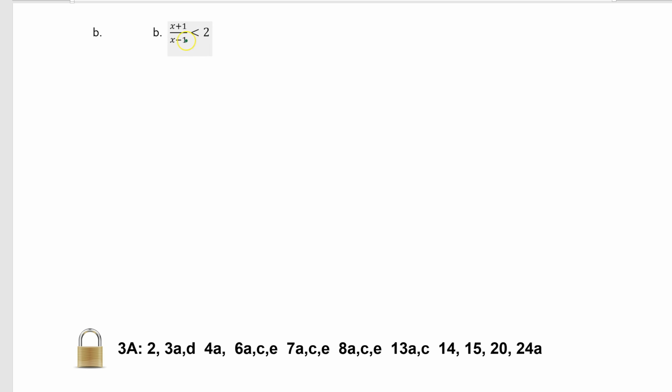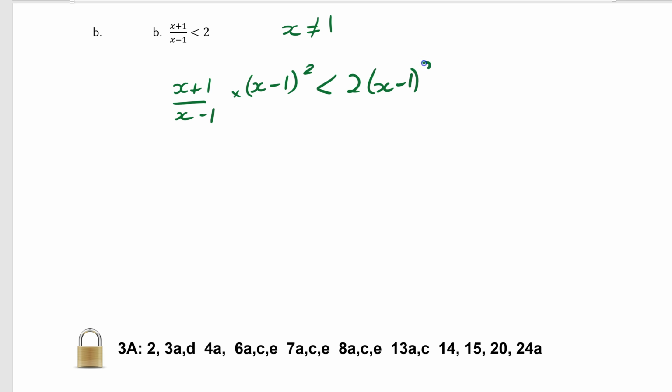Now for our next example here, we can see that we're not allowed to have x equal to 1. And if I follow our process, we've got x plus 1 on x minus 1 times x minus 1 all squared less than 2 times x minus 1 all squared. So this goes out with that one.